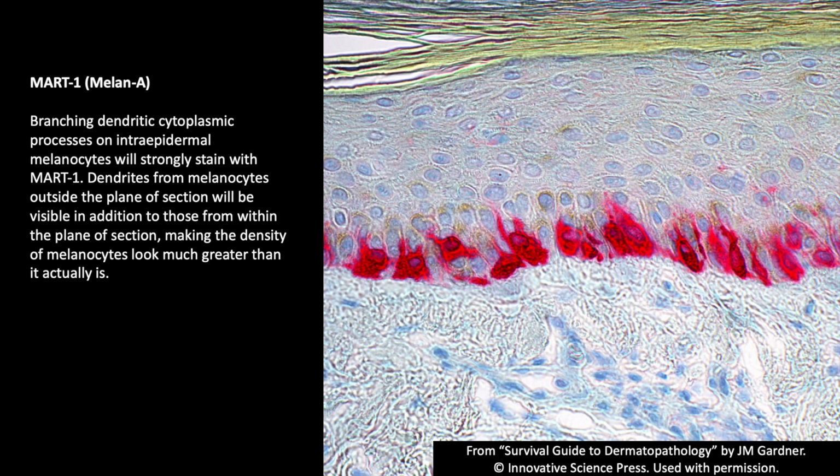The reason is that MART1 stains the cytoplasm, and melanocytes have these dendritic branching processes that stick out to their sides. And so you're going to see a lot more MART1 staining. It makes it look like there's more melanocytes here than are actually present. That's because not only are these melanocytes sticking out their dendritic processes to the side, but you're also seeing dendrites that are coming from melanocytes that are deeper into the block and some that are outside the plane of section towards us.